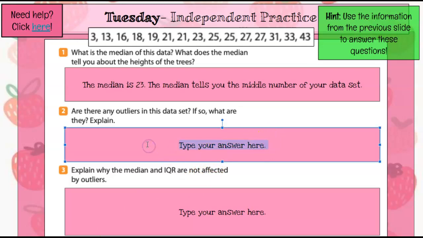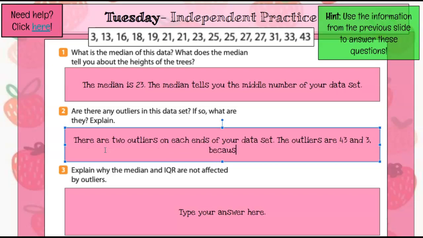So we're going to explain that there are 2 outliers on each end of your data set. The outliers are 43 and 3 because they are 10 away from the numbers closest to them.